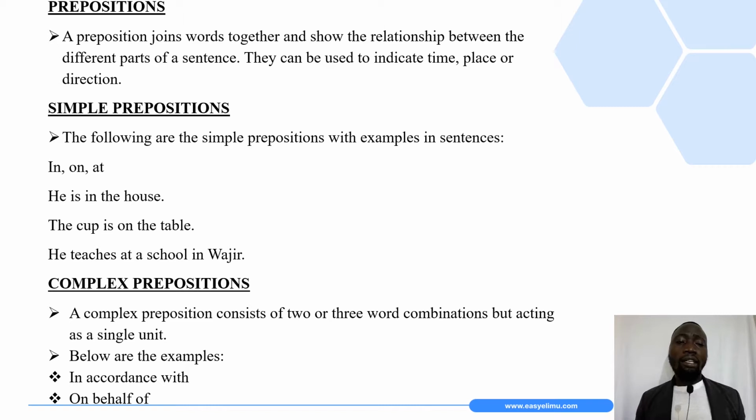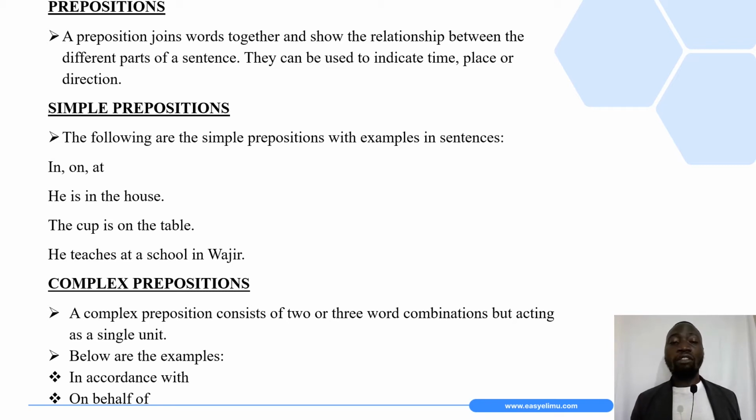So also, take note that we have got certain prepositions that function or work as preposition of time. At the same time, we can use them as a preposition of place, and at the same time, they can also be used as prepositions of direction.